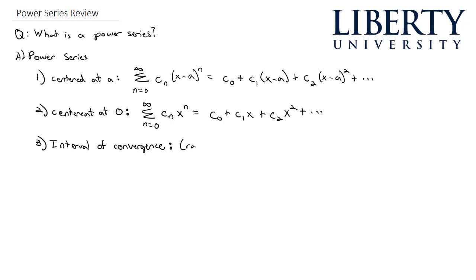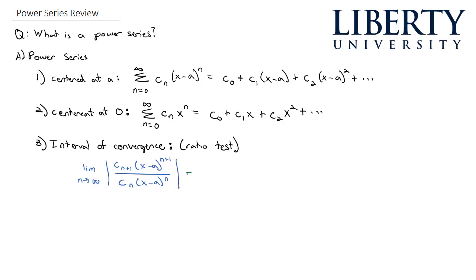We called this the ratio test in calculus, which said we could take the limit as n goes to infinity of the next term, in other words, c sub n plus 1 times (x minus a) to the n plus 1, and remember a is usually 0, but not always, divided by the current term, c sub n times (x minus a) to the n power.